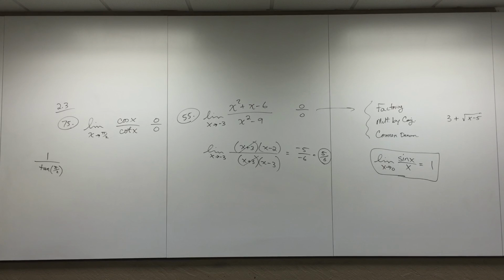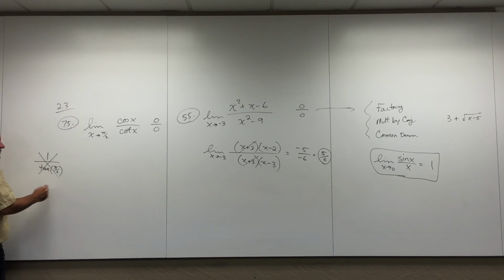Let me see what you typed in. 1 divided by tan 90. Go to mode. Yeah, you're in degree mode. Yeah, that's undefined. Well, that didn't help.